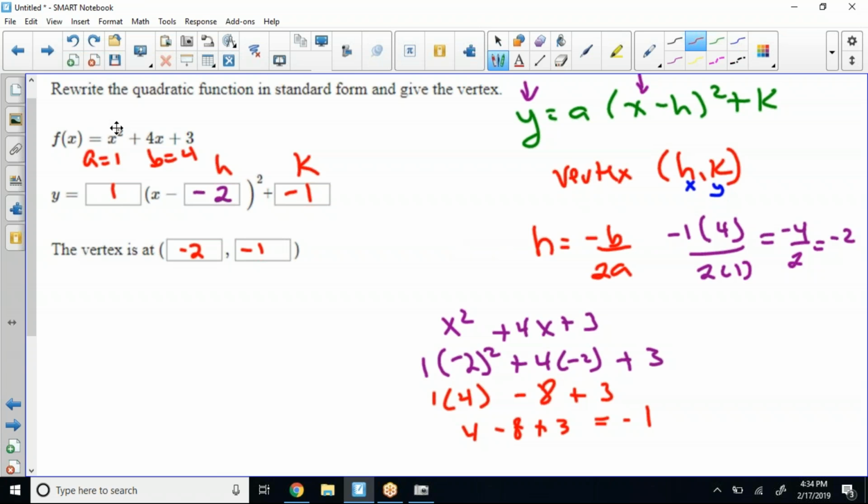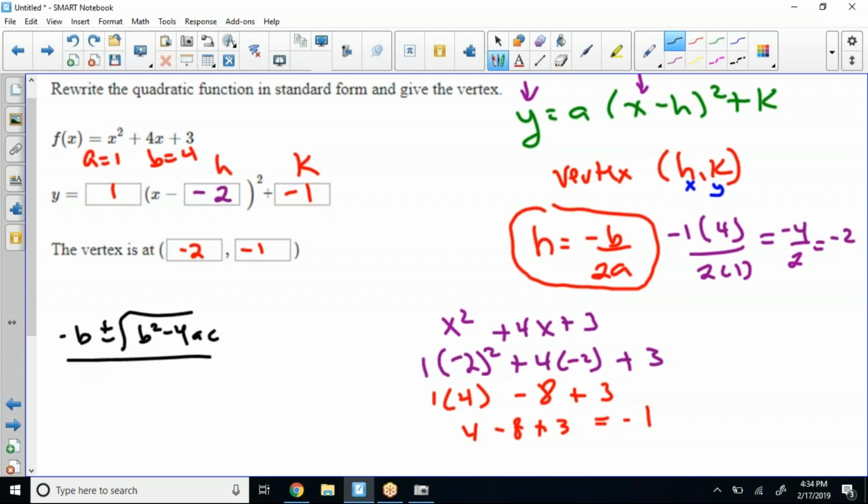So anytime they want you to go from what I would call standard form, the ax squared plus bx plus c, over into vertex form, what we traditionally call it, then you use this equation right here. If you think about it, that really is the beginning part of the quadratic formula.